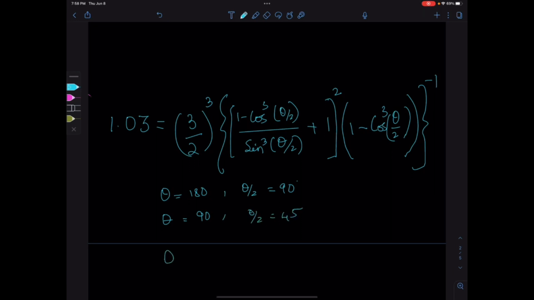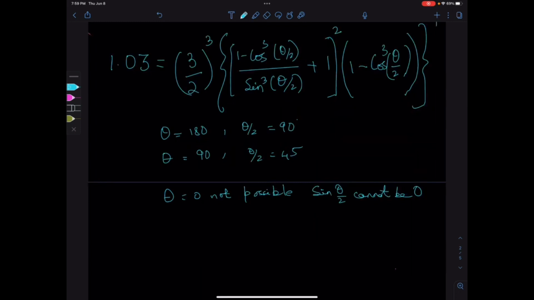Theta is equal to 0 is not possible because sine theta by 2 in the denominator cannot be 0. Trying various values, the closest value is when theta is equal to 180 degrees, making theta by 2 equal to 90 degrees, which gives the closest value to 1.03.